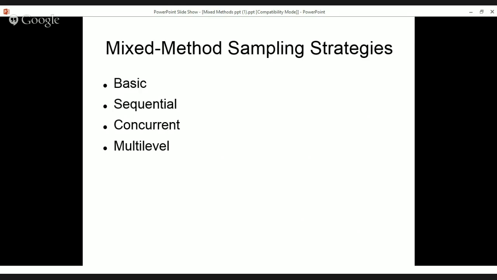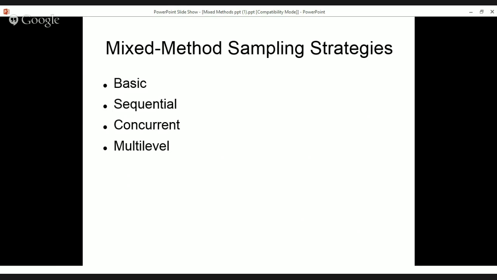And within these strategies, you have 4 sampling strategies. The first is basic. Basic sampling strategies, as far as sampling, is also defined as purposive random sampling. And normally, you are going to be looking for narrative data.